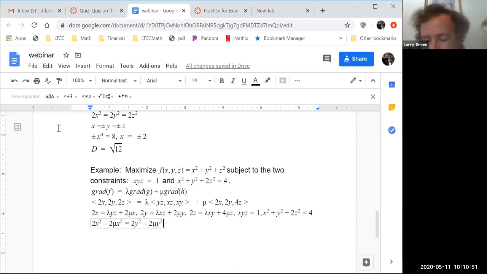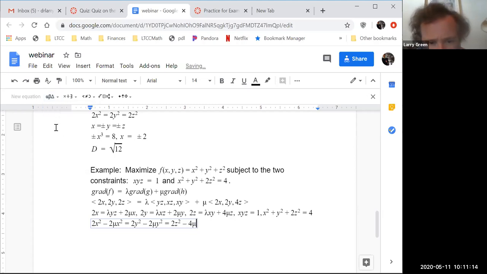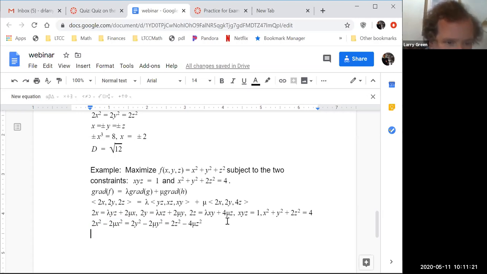And the third equation, you multiply by z, and you're going to get 2z squared minus 4 mu z squared. Any questions on getting those?